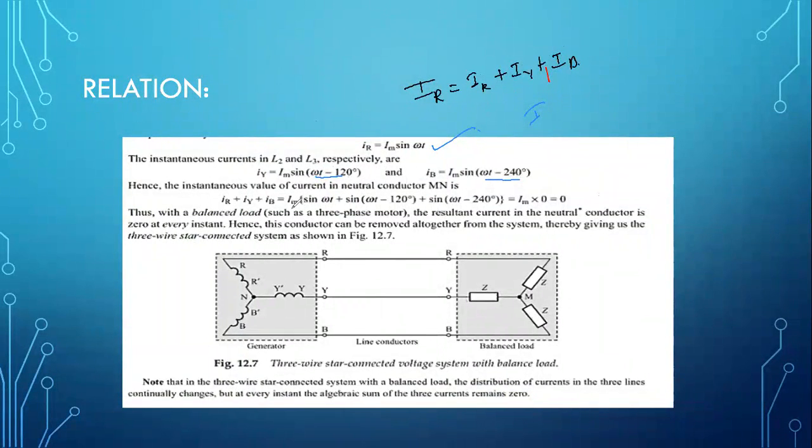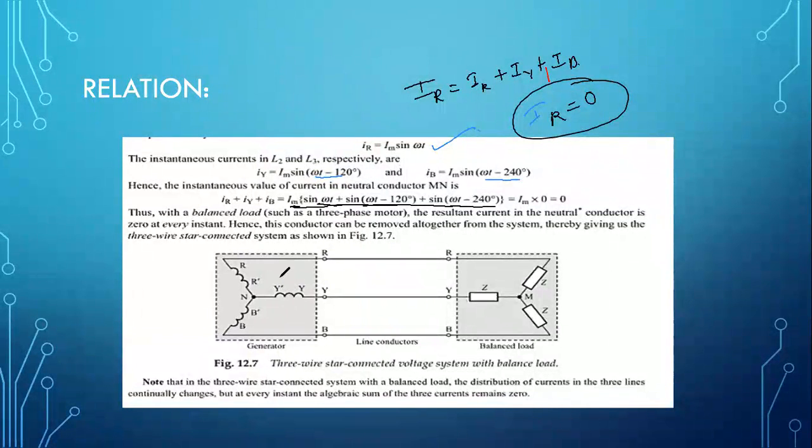When we add up these terms, we have Im common, and when we do this analysis, we find that the value is 0. So the resultant value comes out to be 0. This is one condition for my base analysis.